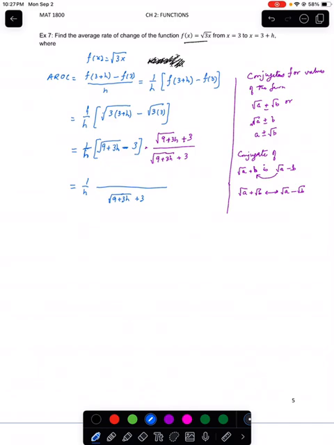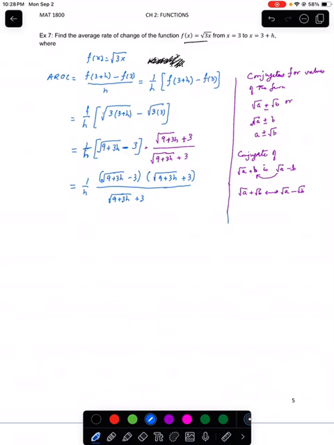So how do you multiply the top? This is what we have in the top. We'll have square root of 9 plus 3h minus 3 multiplied by square root of 9 plus 3h plus 3.